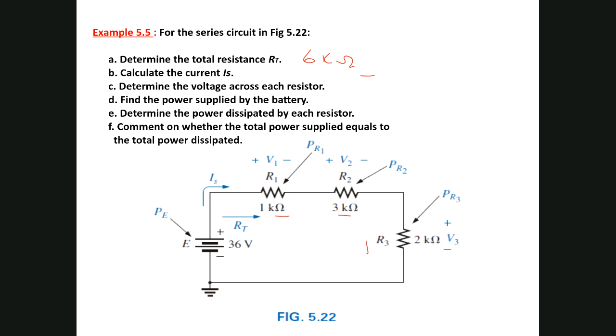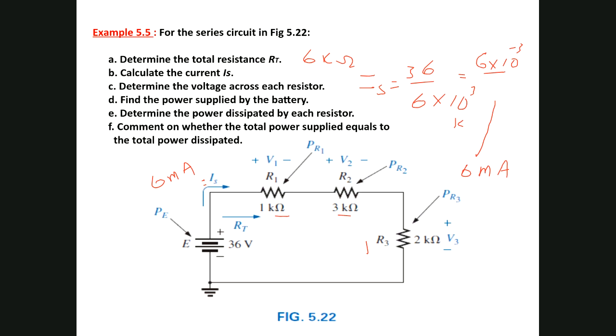The I supply equals E, which is 36, over 6 times 10 to the power 3, because K means 10 to the power 3. So 36 over 6 gives 6, times 10 to the power minus 3, meaning you will have 6 milliamp, which is the current for the I supply.